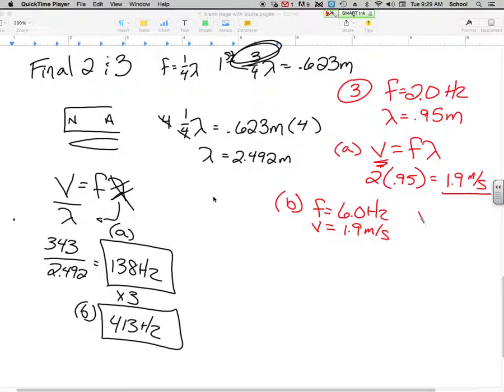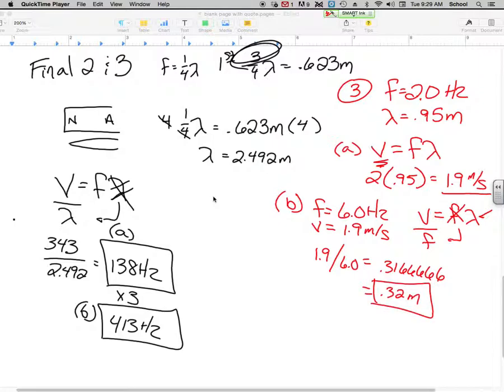So again, if I start with V equals F lambda, but this time I'm looking for lambda, the F needs to come over there. So I'm going to have the 1.9 divided by the 6. And that should give me my 8.06. And that's all there is for this.